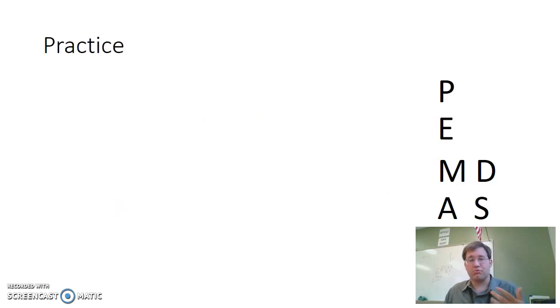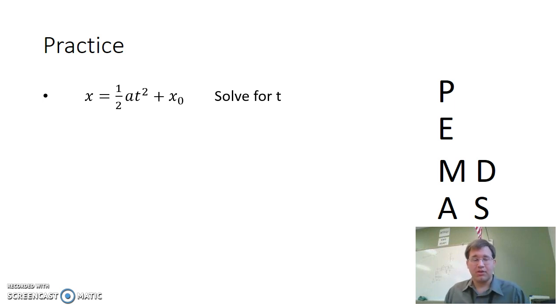One of the formulas that you may come across in physics is this equation, which is x is equal to 1/2 at squared plus x naught. This is an equation for free falling from a height. So let's say we want to solve for the time that we would end up at a specific height. So we're going to solve for t.